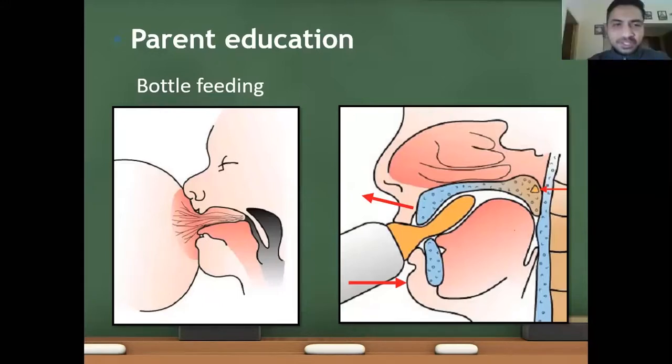Yeah, there could be early childhood caries due to bottle feeding. Anything else related to malocclusion? There is the probability of leaving the bottle for a longer time in the baby. That could lead to caries. Proclination of anterior teeth. There could be proclination of anterior teeth. Anything else?